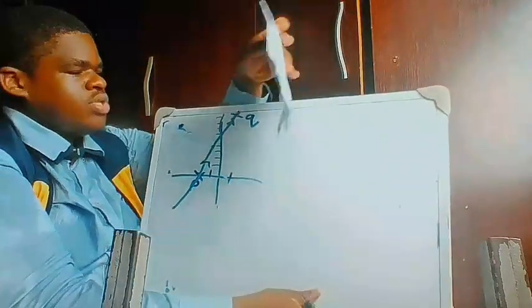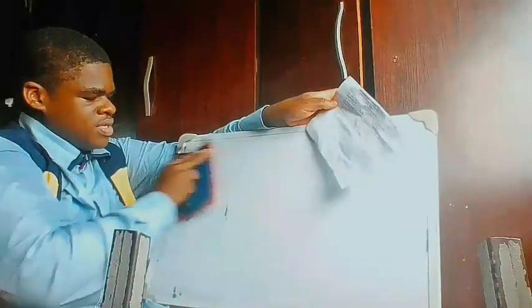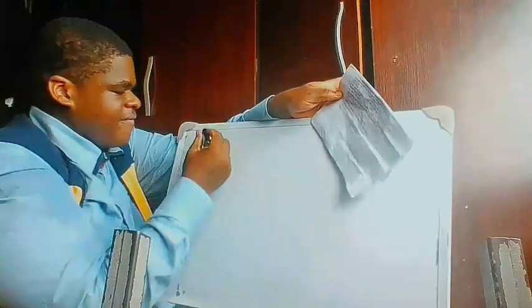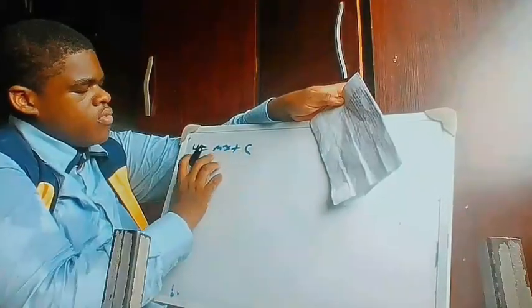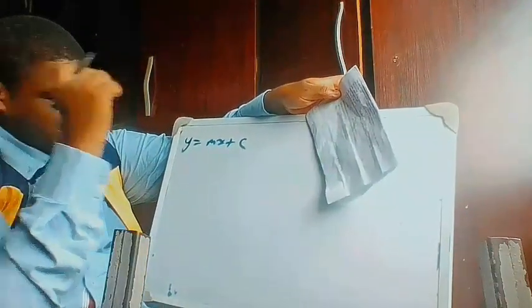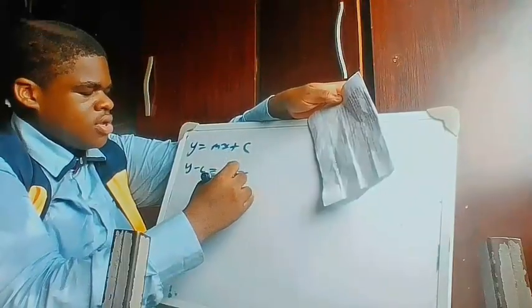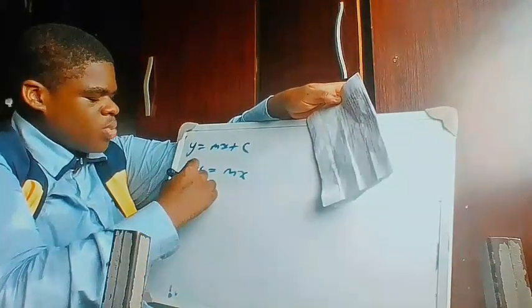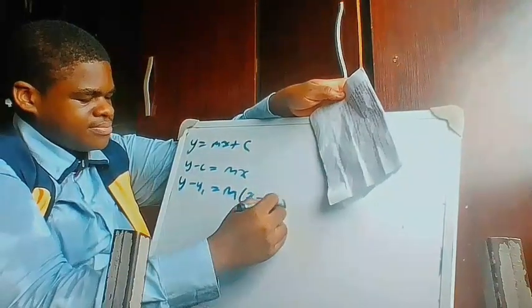Now, how do we do this? We already know the equation for the straight line. The general form of an equation for a straight line is y is equal to mx plus c, where m is our gradient. So if you have y minus c is equal to mx, you can basically just get y minus y1 is equal to the gradient times x minus x1.